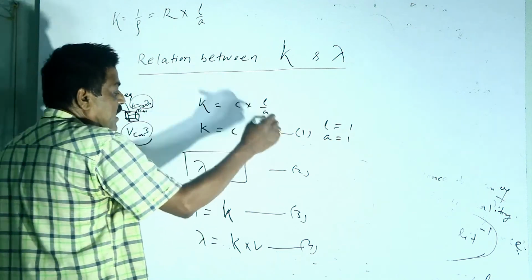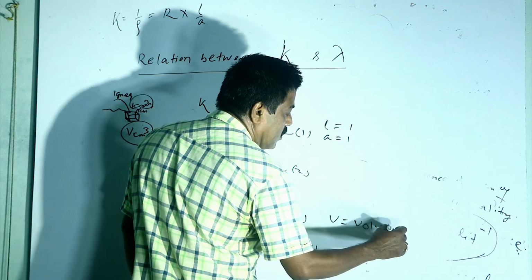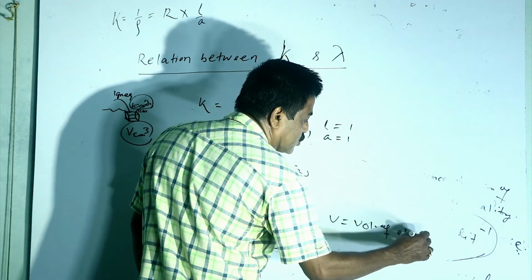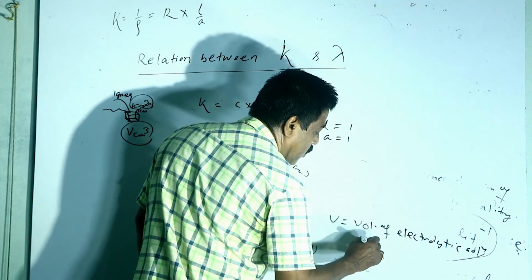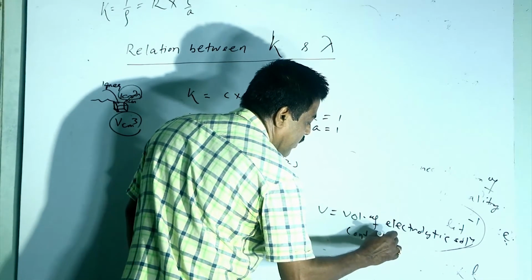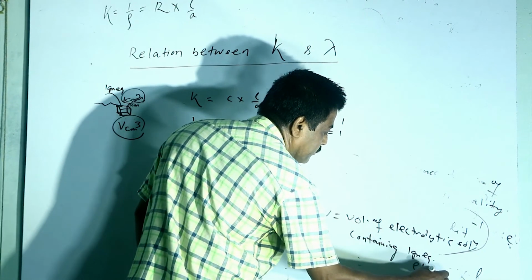So V is equal to the volume of the electrolytic solution containing 1 gram equivalent electrolyte.